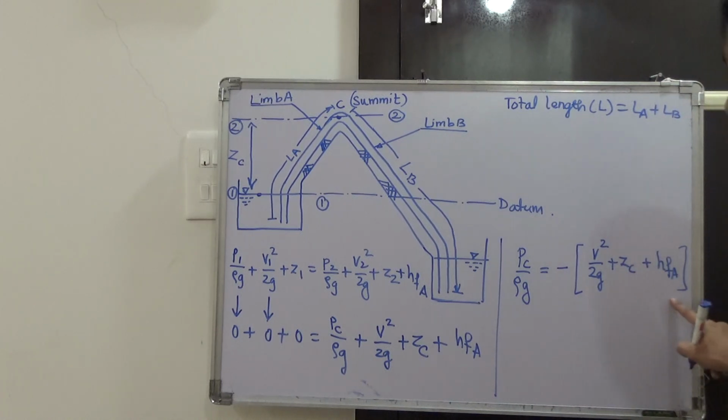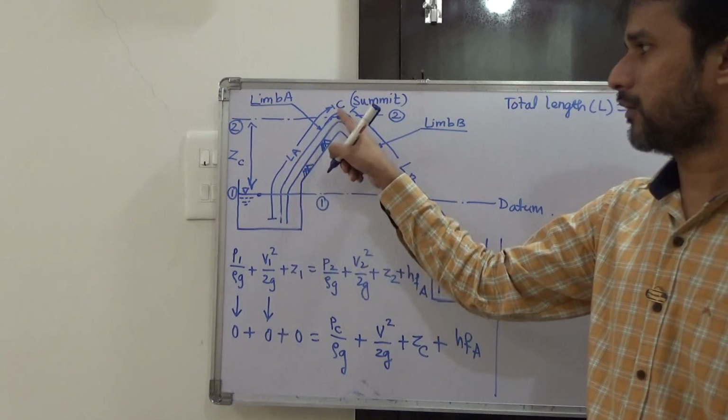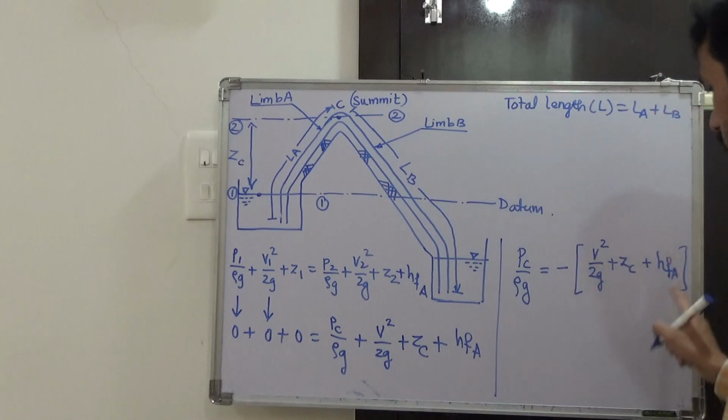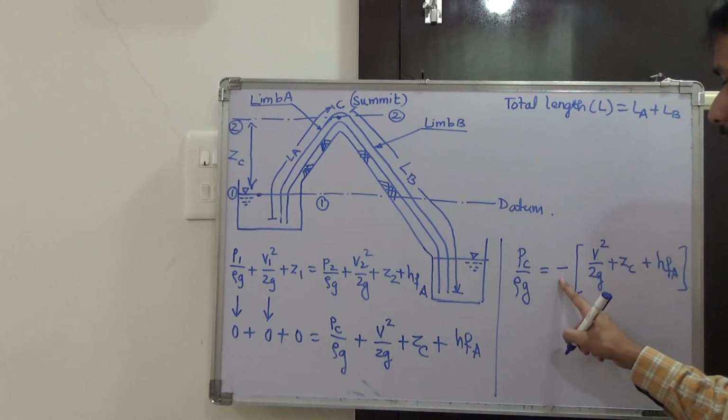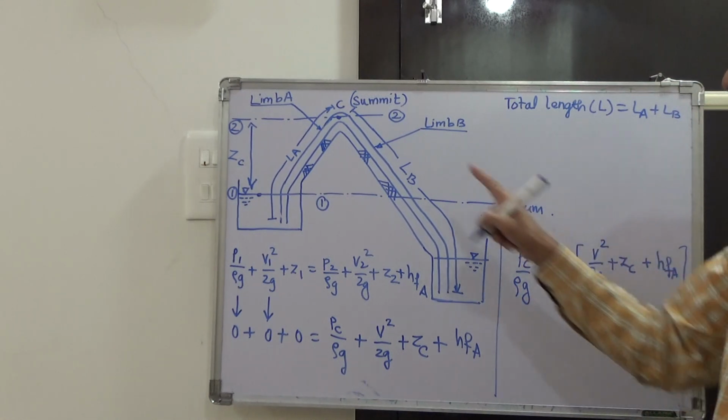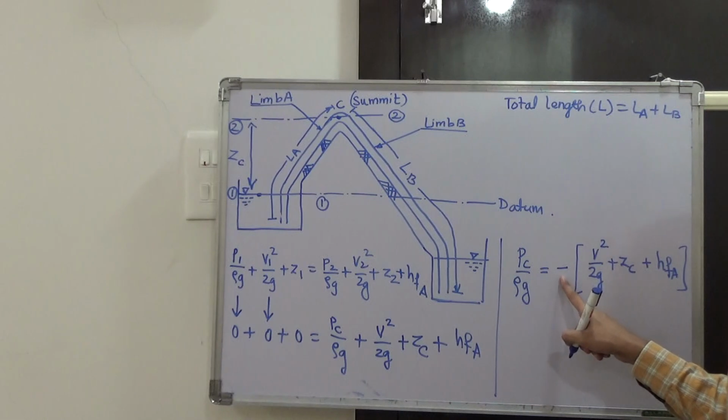So the addition of these three terms means frictional head loss plus ZC plus V square by 2g. This is negative. This much magnitude of negative pressure will be there in PC. So here it is proved that at point C there is vacuum because the value is negative.